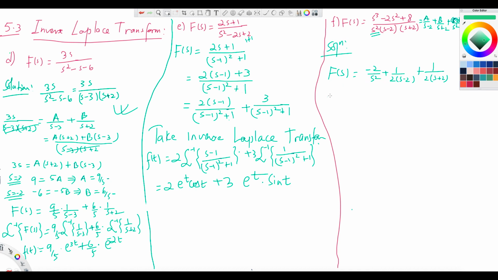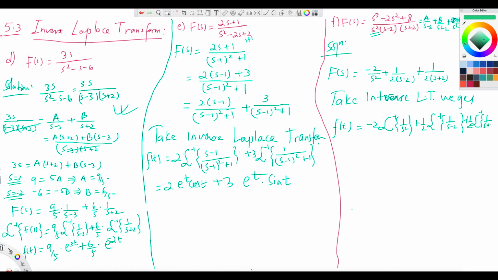Now what you want to do is take the inverse Laplace transform, right? On the left side you will get f of t, on the right side you will get negative 2 times the inverse Laplace transform of 1 over s squared, plus 1/2 the inverse Laplace transform of 1 over s minus 2, and then plus 1/2 the inverse Laplace transform of 1 over s plus 2, right?